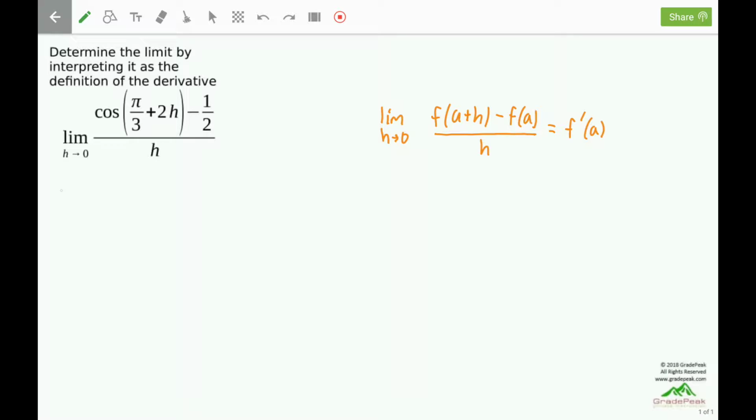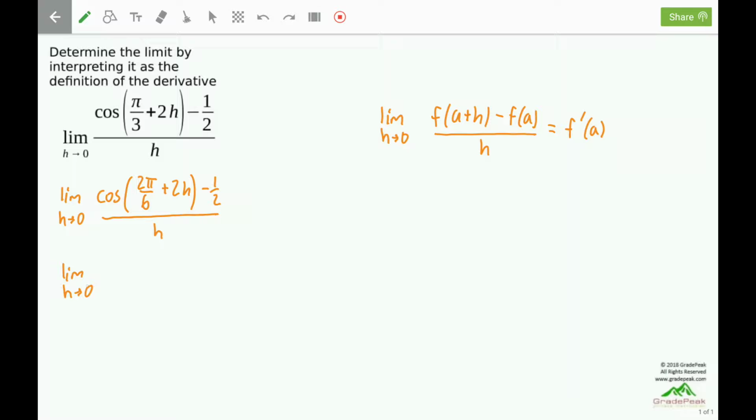So what I'm going to do is rewrite this as limit as h goes to 0 of the cosine of, and instead of calling it pi over 3, let's multiply by 2 over 2, 2 pi over 6. Now 2 pi over 6 is the same thing as pi over 3. It will reduce back to pi over 3. But it has a 2 in the numerator that we'll be able to factor out. And so our next step is to factor that 2 out.